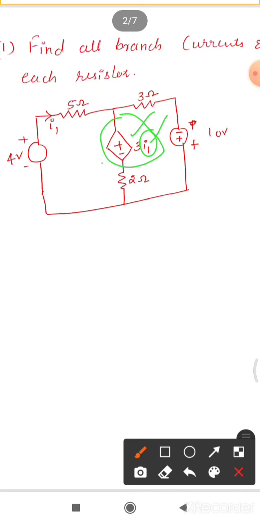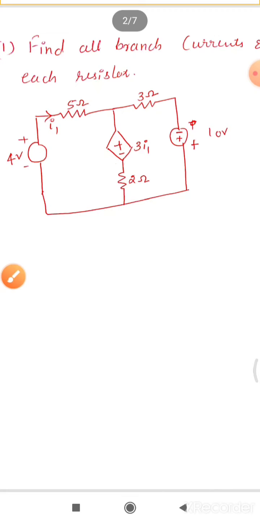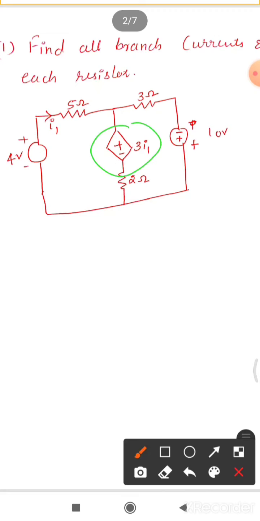Where is this current? It is the current flowing through this 5 ohm resistance, that is I1. Now we have got that this voltage source is dependent on a current, so its name will be current dependent voltage source.